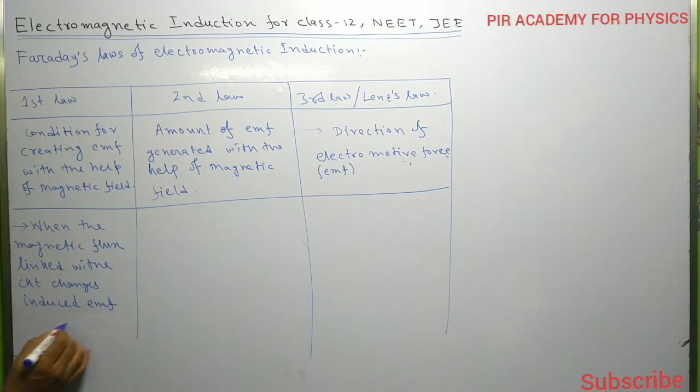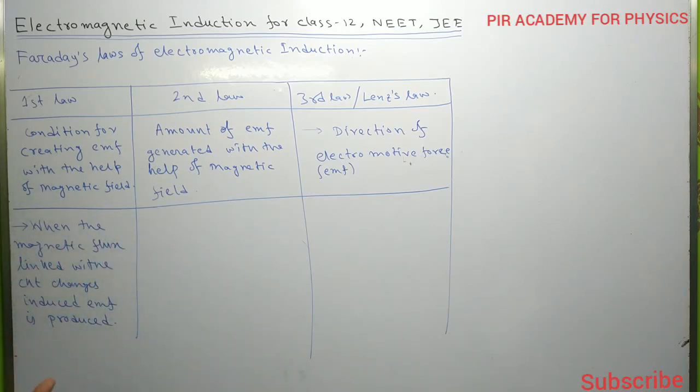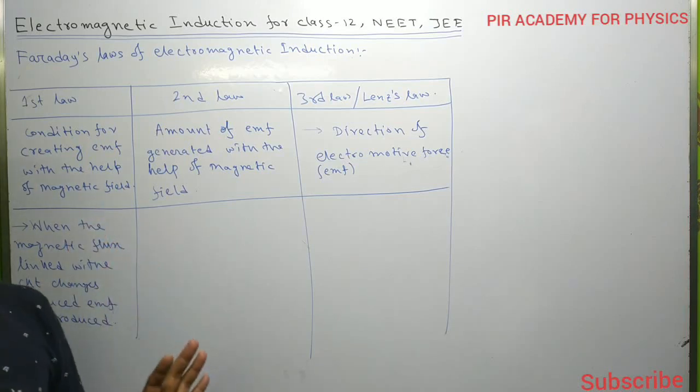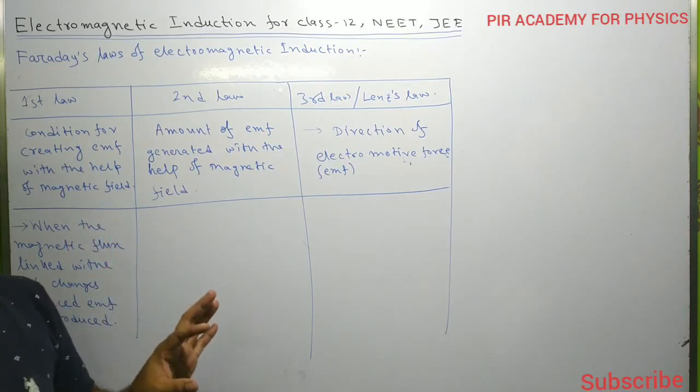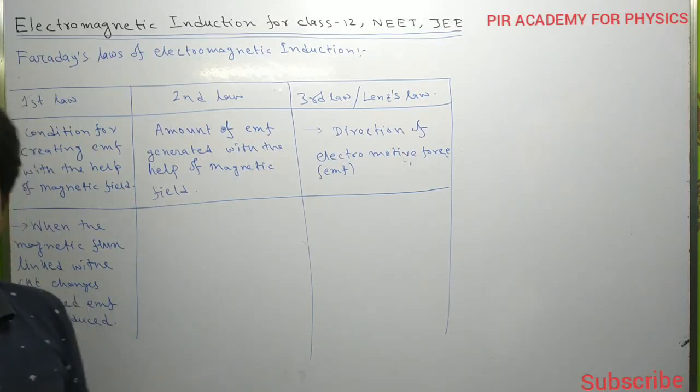That means if you change the magnetic flux linked with the circuit, then EMF will be produced. If there is no change in the magnetic flux linked with the circuit, then there will be no induced EMF.